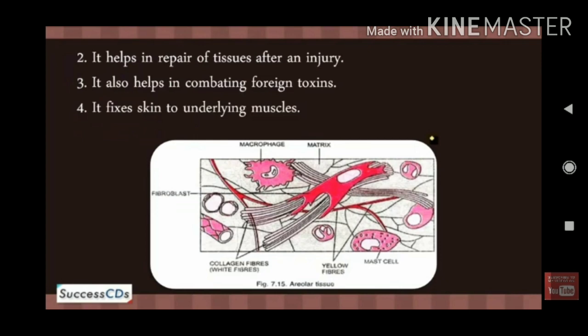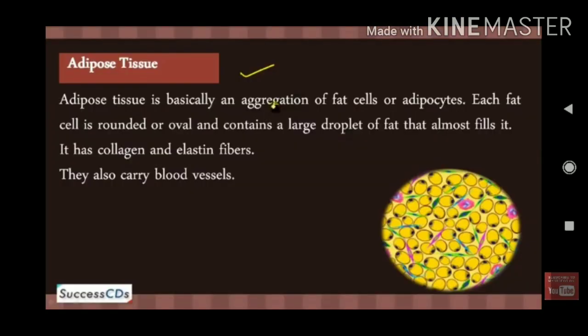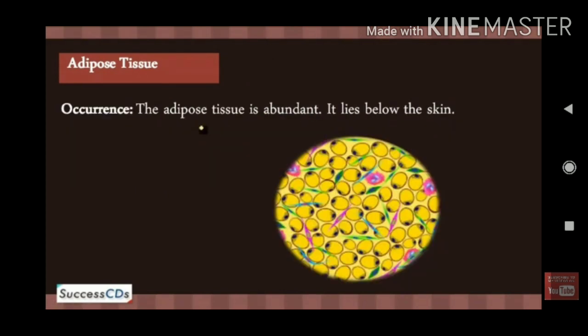Next we will discuss adipose tissue. What is adipose tissue? It is nothing but fat, a fat tissue, the aggregation of fat cells or adipocytes. These fat cells are present in the deep layer of the skin and act as a thermal insulator.